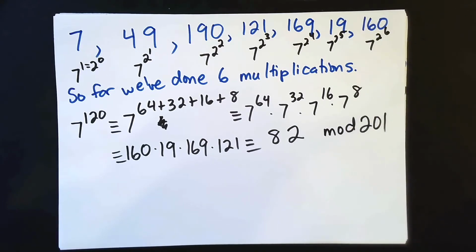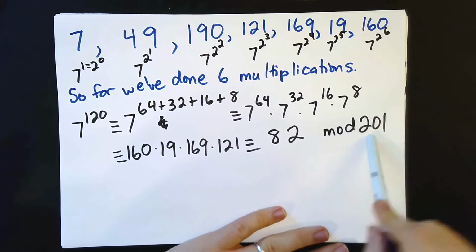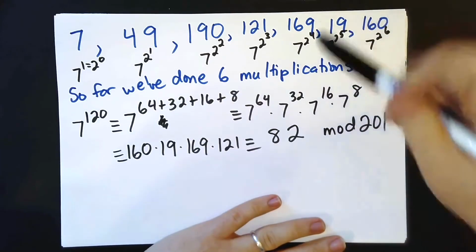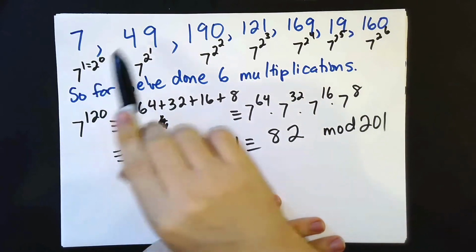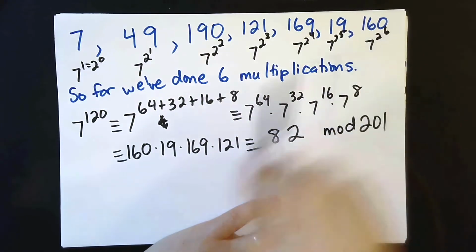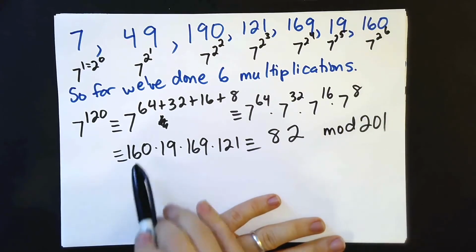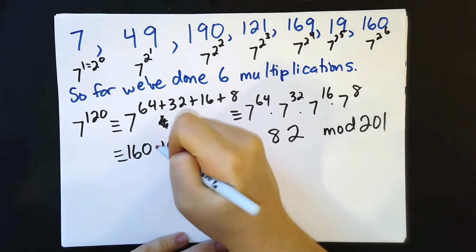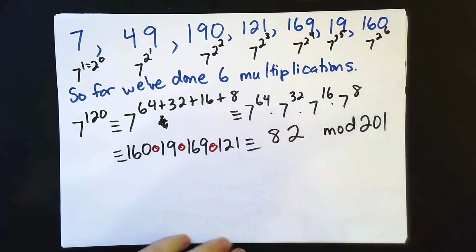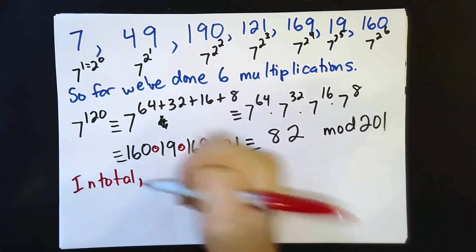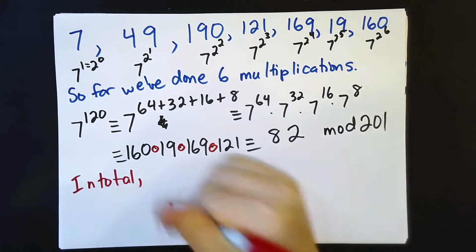But because I know everything here is happening mod 201, I get to, at every step here, mod my answer by 201. And likewise, when I'm multiplying these, I get to do each step of the multiplication mod 201. And how many multiplications is that? Well, it is 3 more multiplications. So in total, how many multiplications did we do? 9.